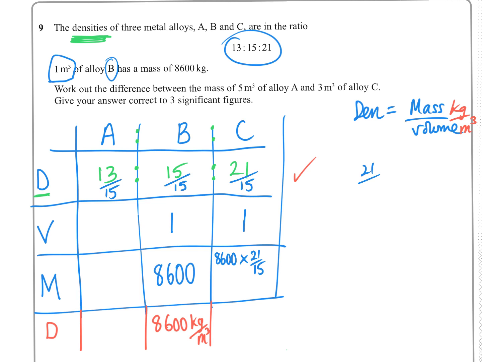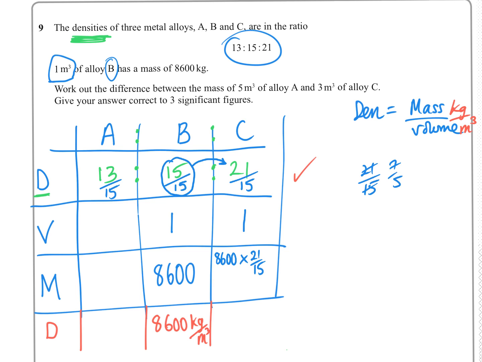Now 21/15 cancels down, you don't really have to, but that's 7/5. And the reason that's important is because this tells you what 1 unit is going to be, and it shows you what I have to do to 1 unit to get to working with the density of alloy C. So what mass do we get?